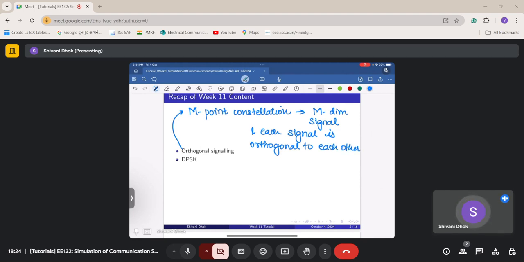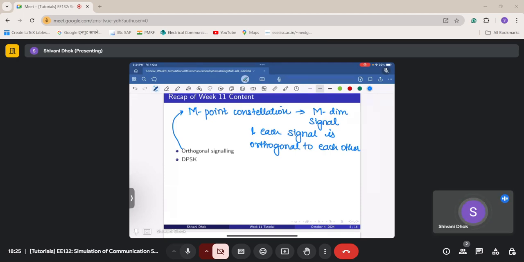This orthogonality can be brought in time, it can be brought in frequency as well. When we do it in frequency, that kind of modulation technique is known as frequency shift keying. And same thing we can repeat in time as well.